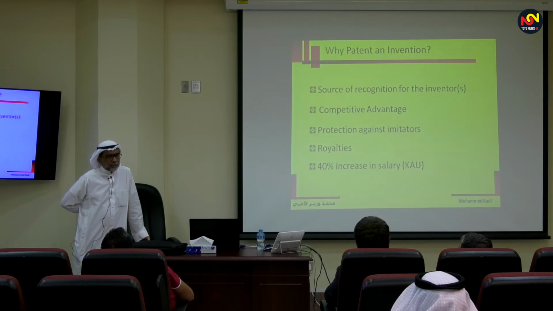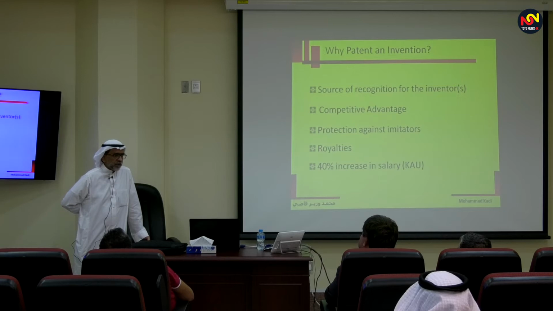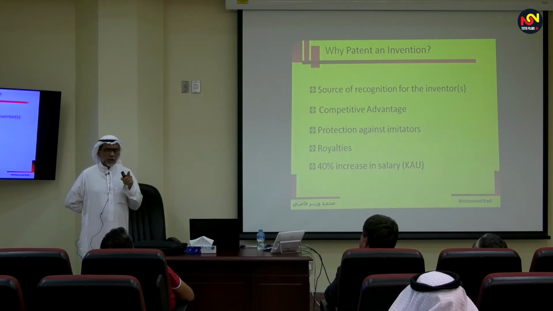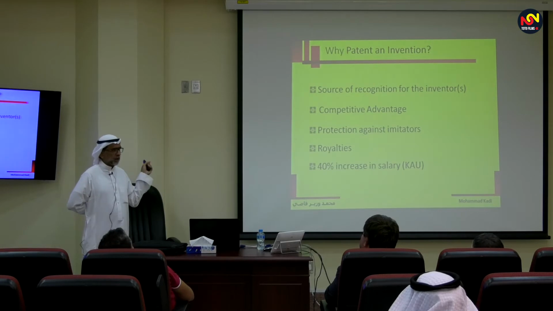Keep in mind that companies usually don't advertise their inventions from the start. They keep them secret as long as they can. Then they will patent them. They will try to extend the 20 years.